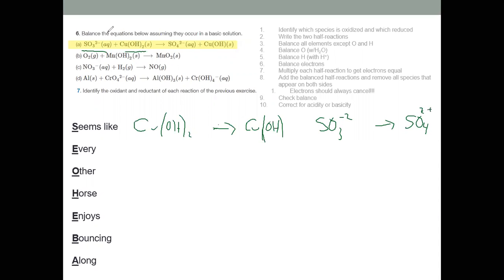Well, the reason is when we add these things back together at the end, we know that we're going to need to combine copper hydroxide and SO3 2-. They have to be on the left side. We have to combine those to get to the sulfate and the copper(I) hydroxide on the right side of the equation. So we're starting out on the right foot. We got everything right for that final step where we combine them back together.